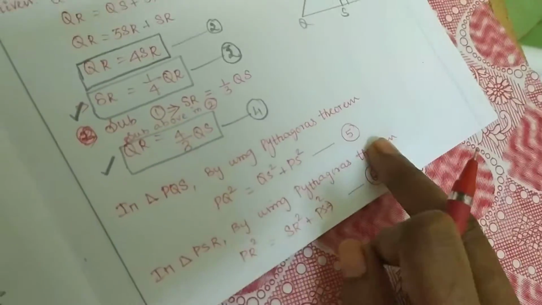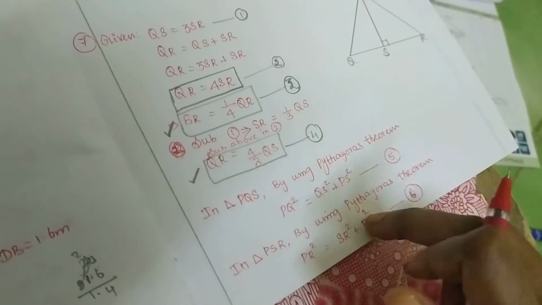Now for my convenience, I am doing 5 minus 6.